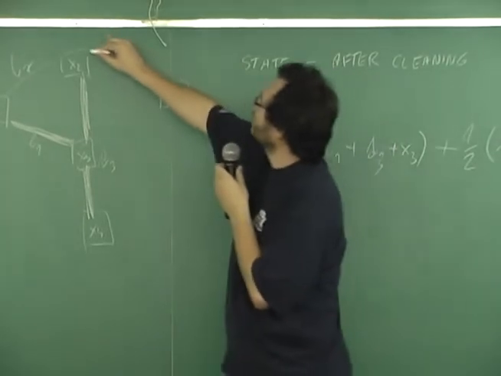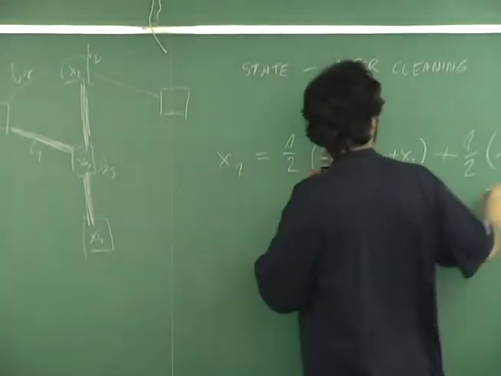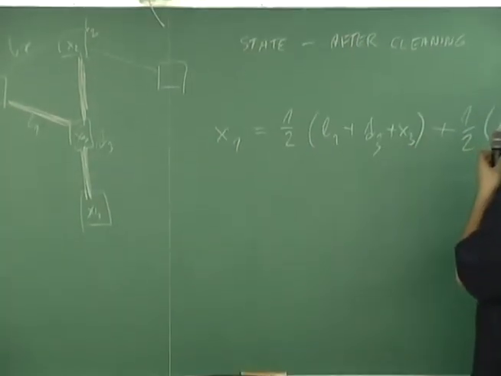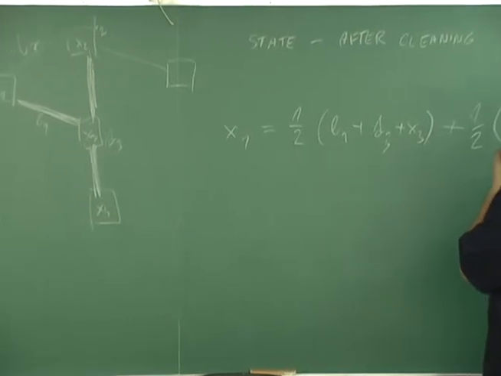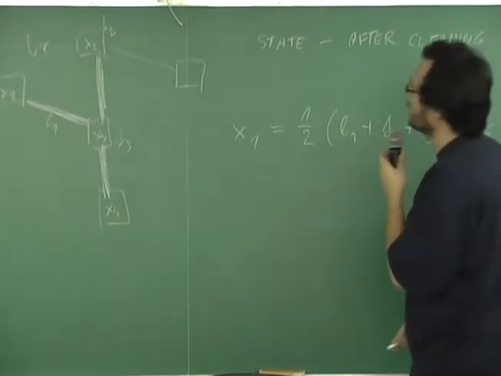I will pay the cost for this room, which can be, let's say, T2. And plus, I will now pay some other cost.